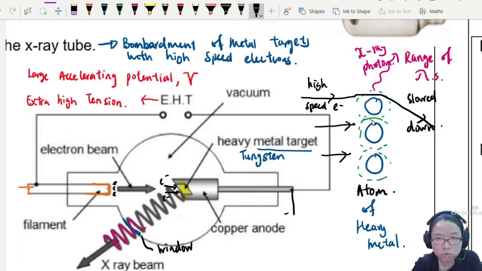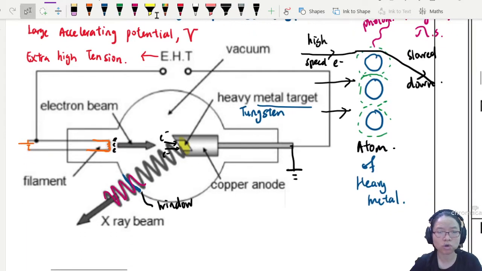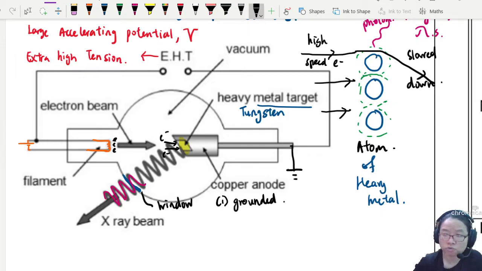What do? We ground them. So here, the grounding is to allow the excess electrons to flow out. And this is important because you don't want this to store too much charge. So this is a safety precaution. So the copper anode, number 1, is grounded to allow excess charge to flow out.